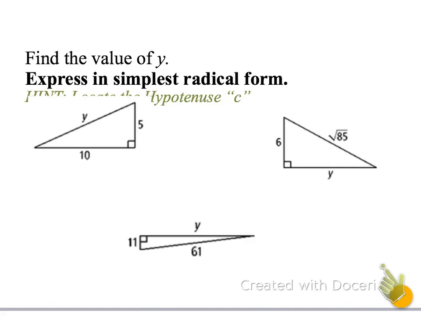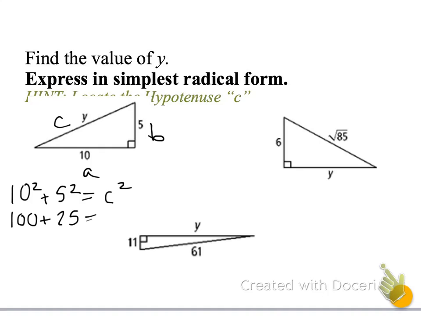So find the value of y expressed in the simplest radical form. We'll say this is a, this is b, and this is c. So 10 squared plus 5 squared should equal c squared, so 100 plus 25 equals c squared, so 125 equals c squared.